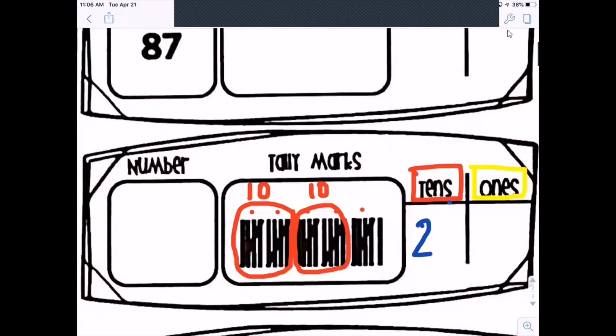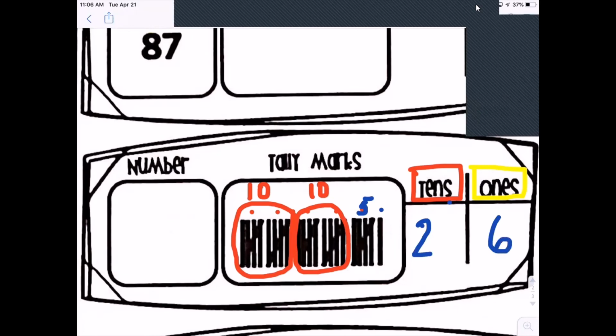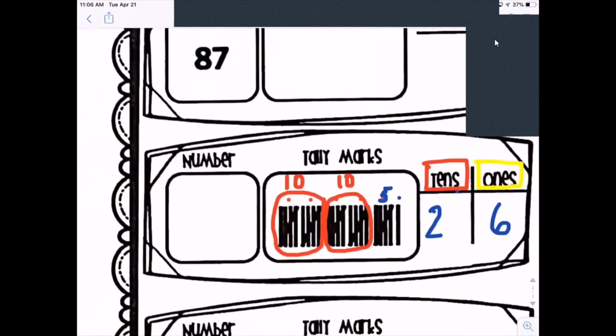Now how many ones? This is my group of 5 right there. So that's 5 and one more, it's 6 ones. Okay, so I have two groups of 10 and 6 ones. Now to write my number in the beginning over here, I'm going to write 26 because I have 10, 20, 25, 26.